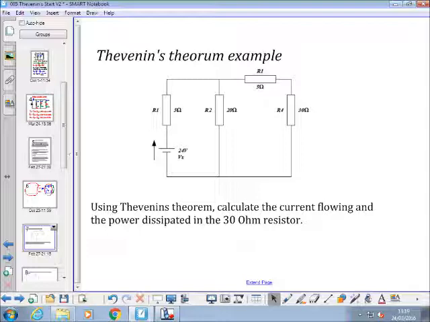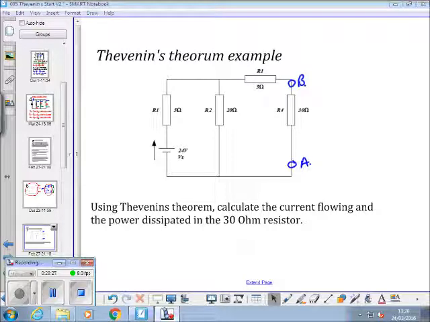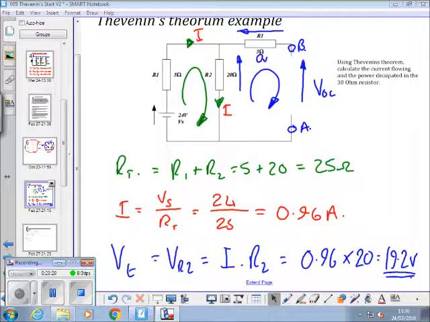So the first part of the process is to make this our terminals A and B, remove that resistor and calculate the open terminal voltage. Okay, so we'll do that now, and then I'll summarise that on the video afterwards. So pause the video now.